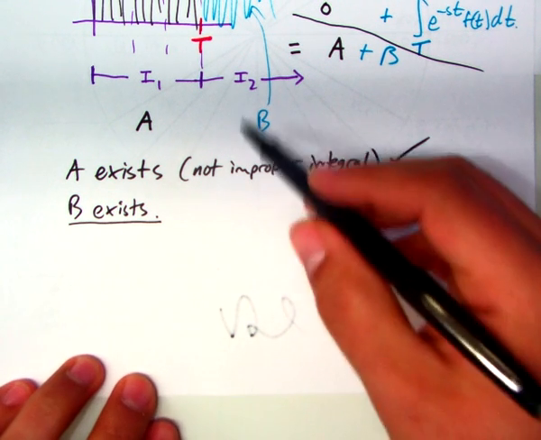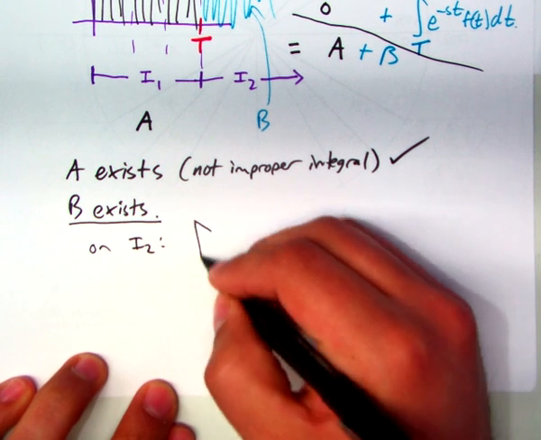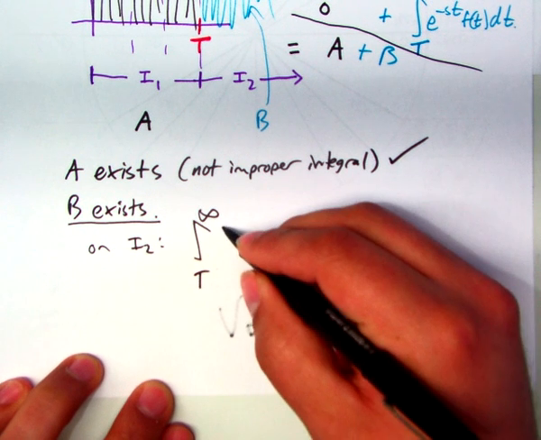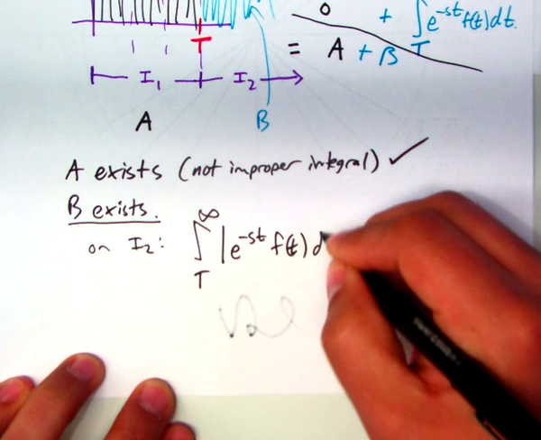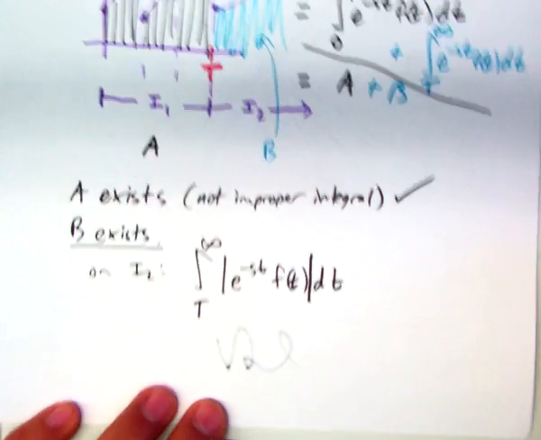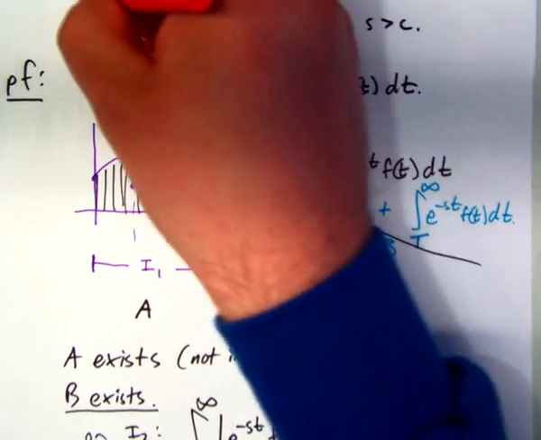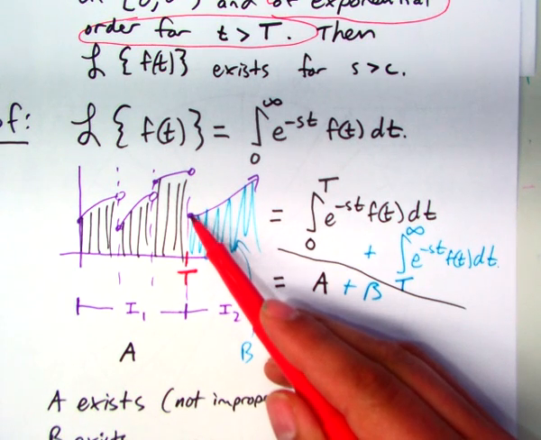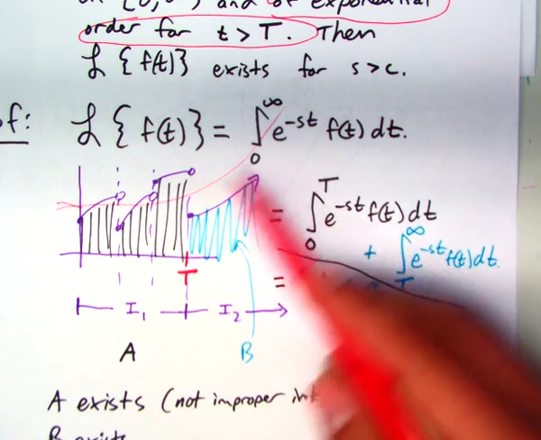If we take a look at the interval I2, starting with the integral from T to infinity, let's take the absolute value of e to the minus st f of t dt. And now we're using the assumption that right when we hit T, there's some exponential function that's greater than f.